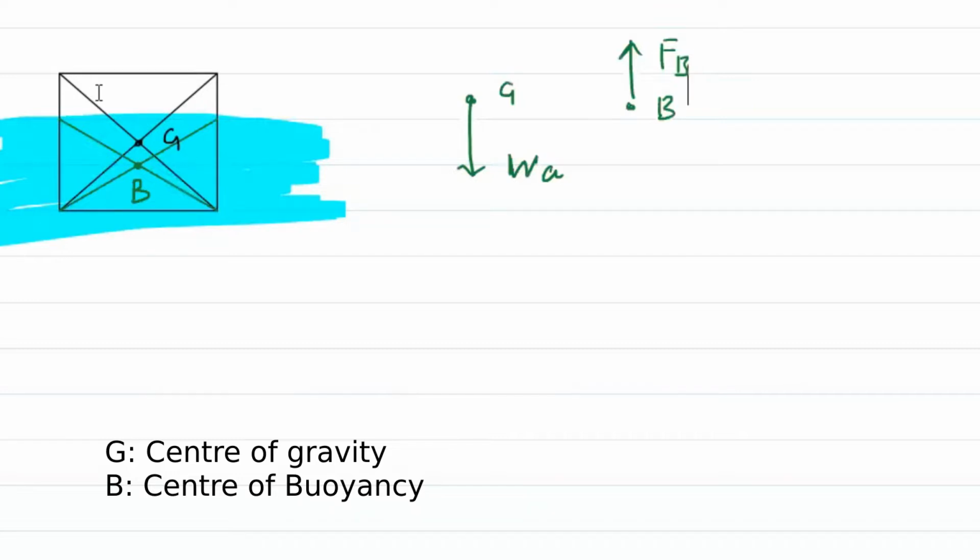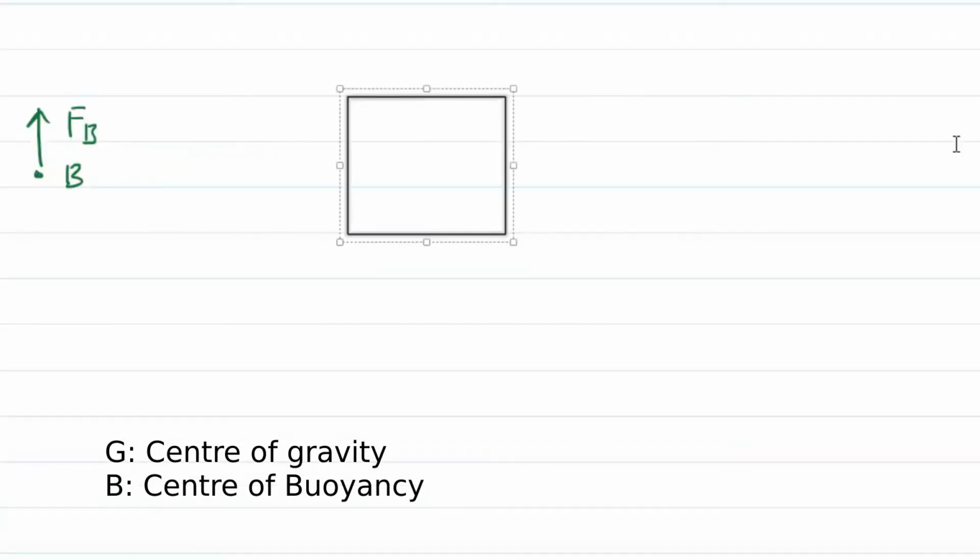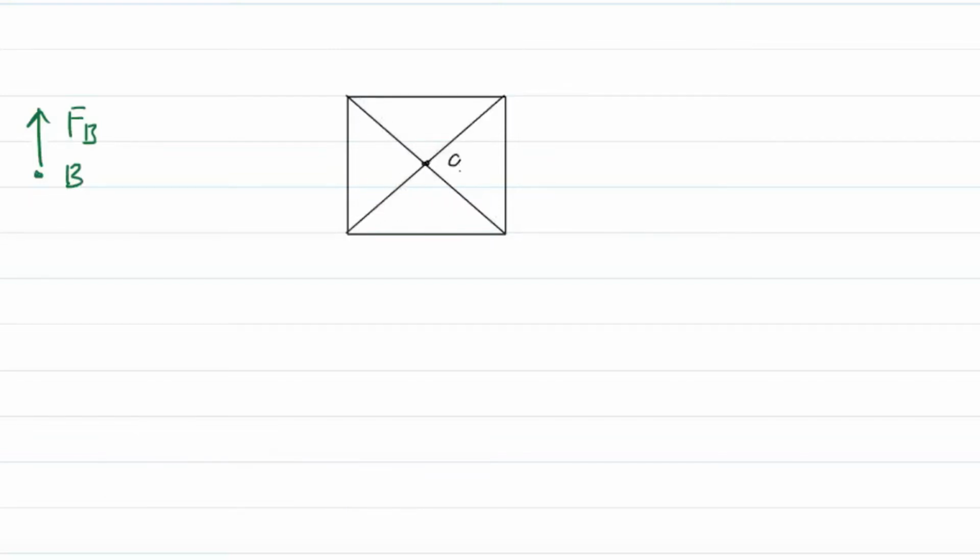Okay. So now there is another case. Say for example, this block is completely inside liquid. So first of all, again, we'll draw the diagonals. So the diagonals will give us the center of gravity. So this is the center of gravity. And then if you imagine the block to be completely submerged inside, in this particular case, the same point will be the center of buoyancy.